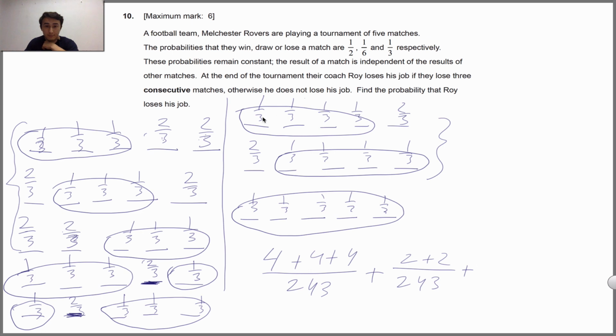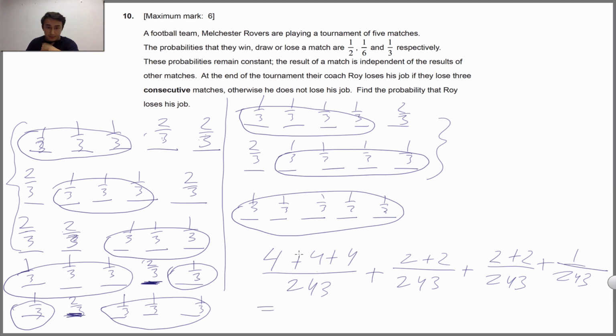How about here? 4 games lost. It's 1 times 1 times 1 times 1 times 2 is 2. And the other scenario is also the same. So 2 plus 2 over 243, and 5 games lost is 1 over 243, because 1 times 1 times 1 times 1 times 1 is 1.